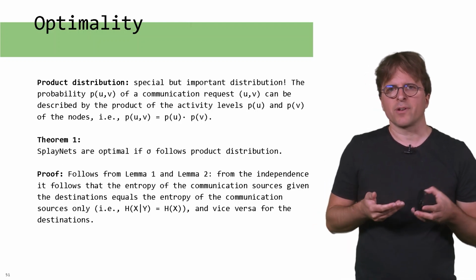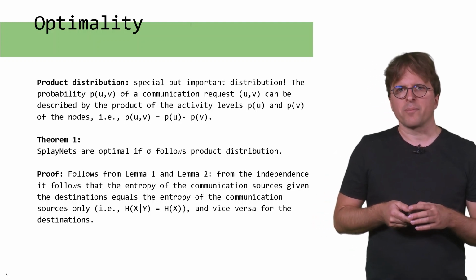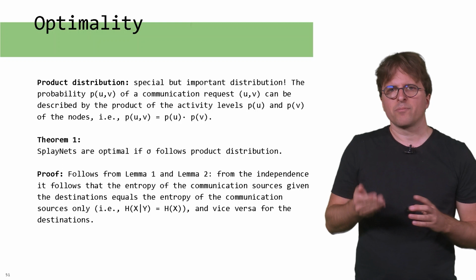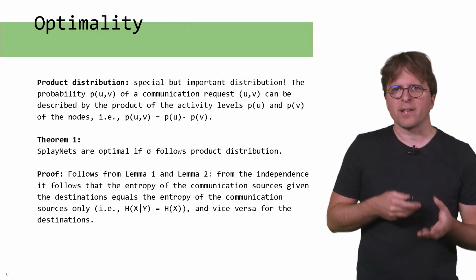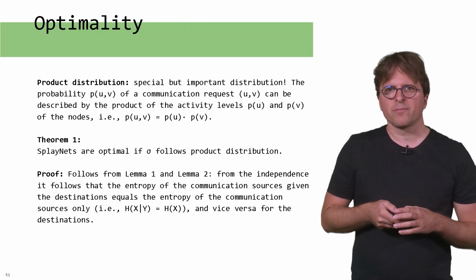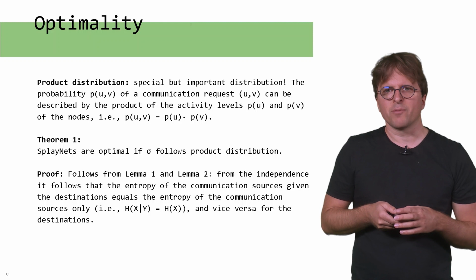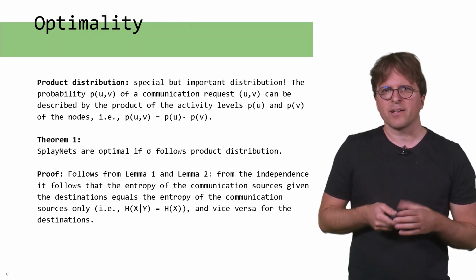So what is a product distribution? This is like a very important special distribution where the property holds that if you look at the probability p(u,v) of a communication request (u,v), you can basically describe this joint probability by the multiplication of the activity or probabilities p(u) and p(v) separately.